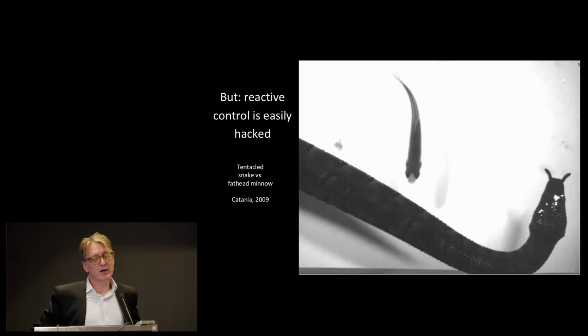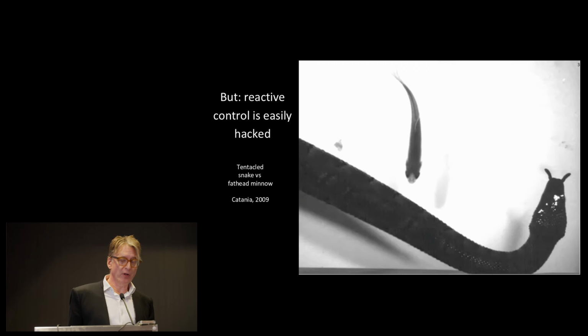Some video by Ken Catania on this is a tentacled snake. These are snakes that obviously evolved on land for a long period of time, and this animal is secondarily aquatic and now largely purely aquatic. What it makes a sport of doing is triggering the escape response of this animal through rippling from tail to head, very, very low amplitude muscle motion that you can barely see in the video.